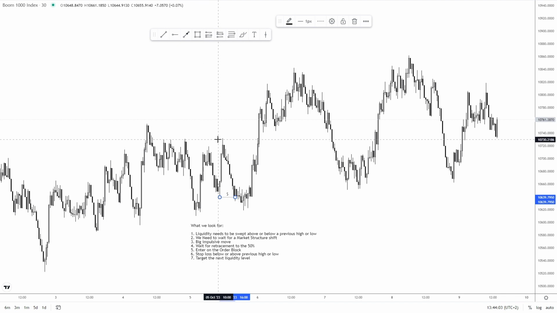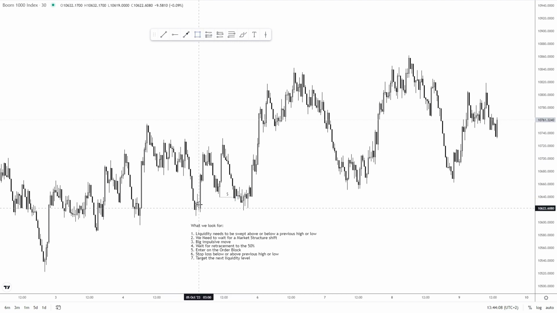It literally tapped it, came back to this order block. As you can see, tapped into that order block. The reason why I chose this liquidity sweep is because it's just above the order block, the point of interest. So we swept the liquidity.